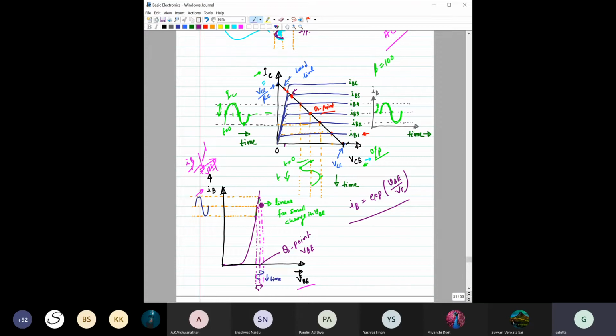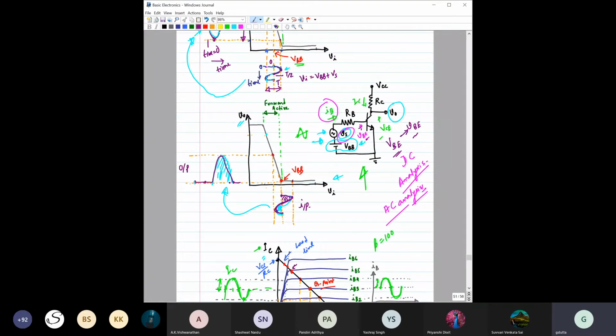But if you consider only a very small region, and to get this very small region you have to restrict the change in V of B to a very, very small value, then you can consider this a straight line, and there you can assume IB is proportional to V of B. Then this transistor is behaving as a linear network.